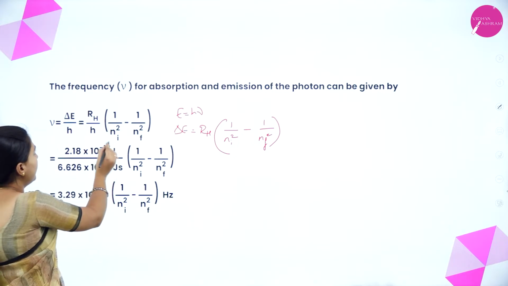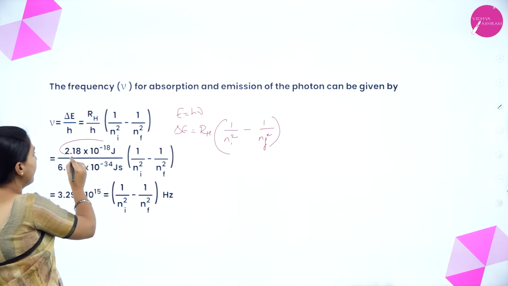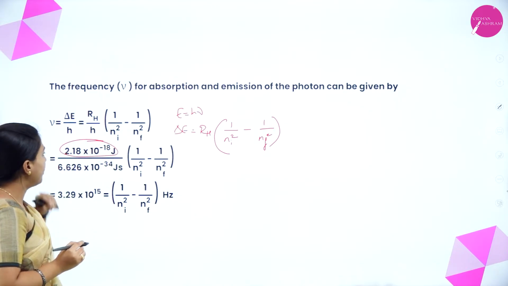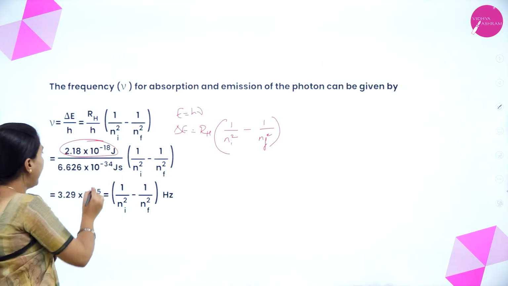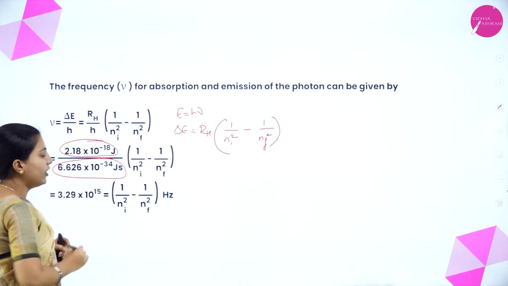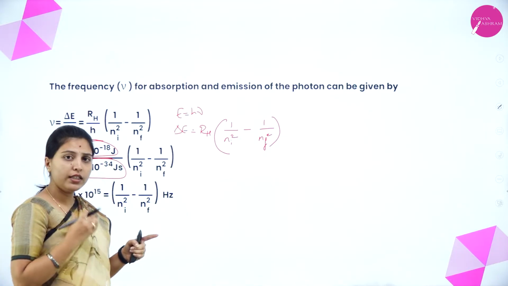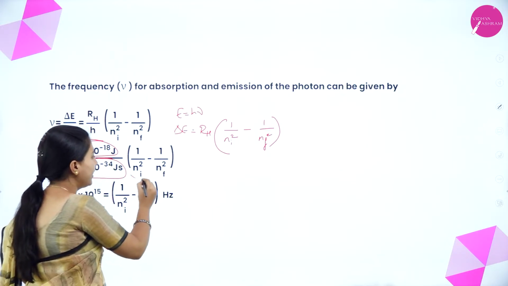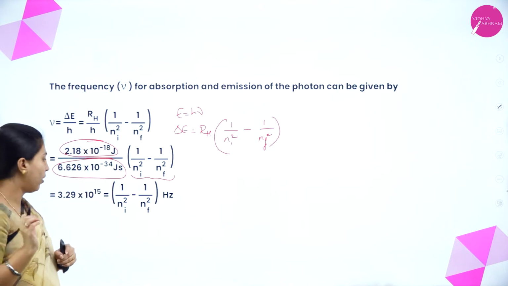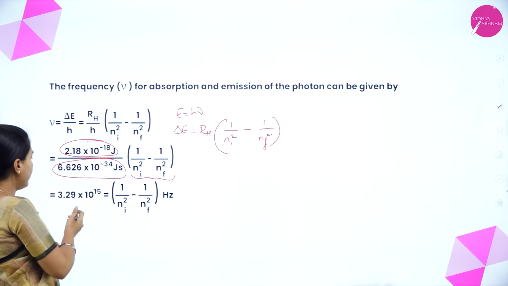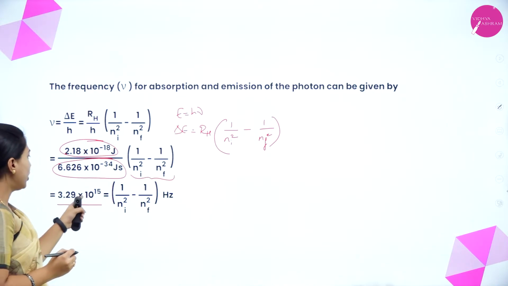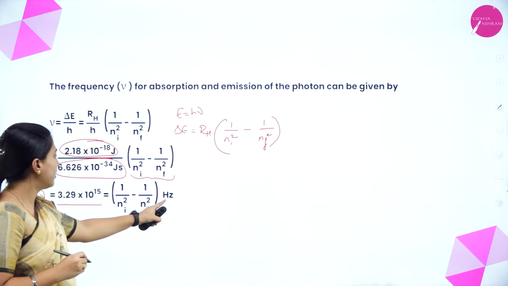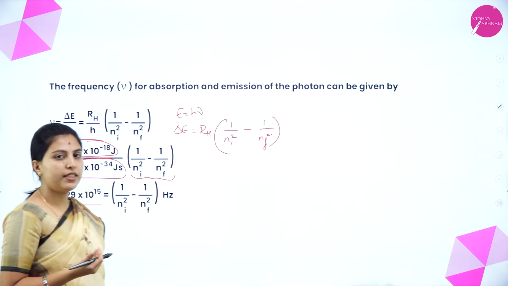First, the Rydberg constant here is 2.18 into 10 to the power of minus 18 joules, and the Planck's constant is 6.626 into 10 to the power of minus 34 joule seconds. As I told you already, we will not touch the energy levels yet. By dividing these, we get 3.29 into 10 to the power of 15, and this is nu, in hertz. Frequency is expressed in hertz.